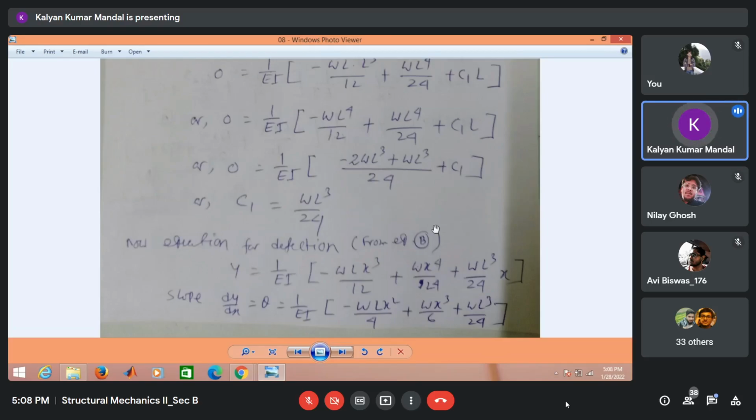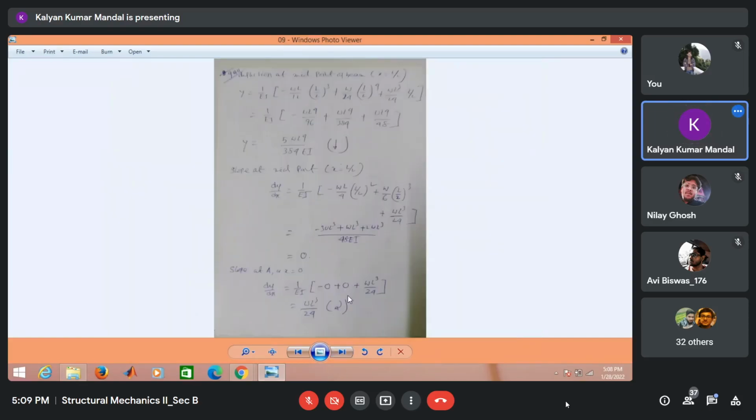Similarly, from equation A, we put the value of C1 and get the expression for the slope, that is 1 by EI times minus wLx squared divided by 4 plus wx cubed divided by 6 plus wL cubed divided by 24. This is the expression for the deflection as well as the expression for the slope.